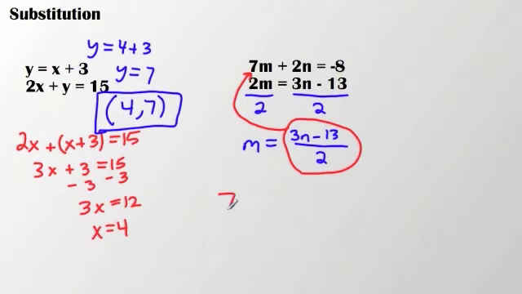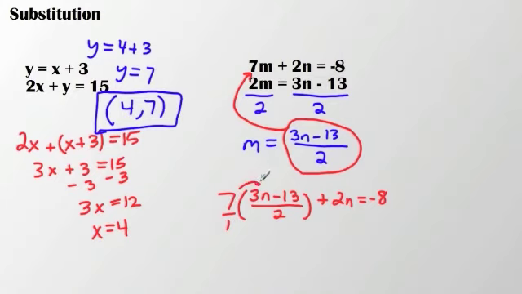which gets me 7 times m. Now for m I have 3n minus 13 over 2 plus 2n equals negative 8. Alright, so I can go ahead and multiply everything out. Notice that 7 is pretty much the same thing as 7 over 1.